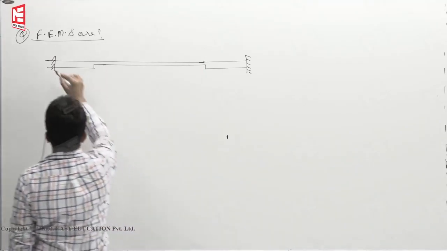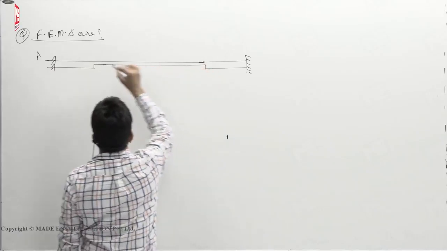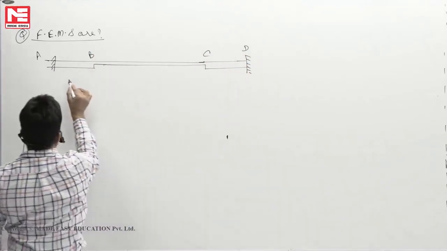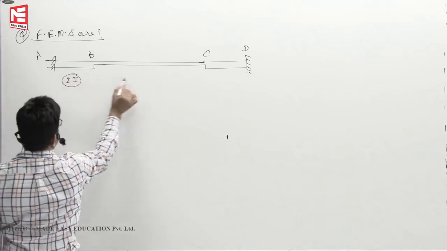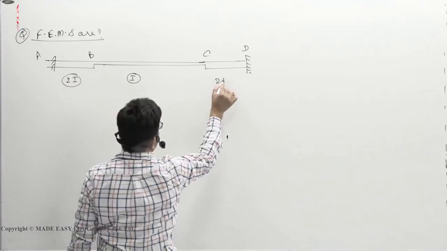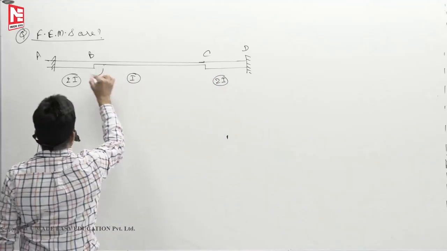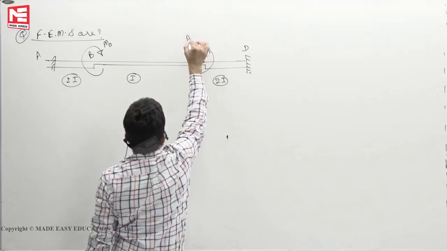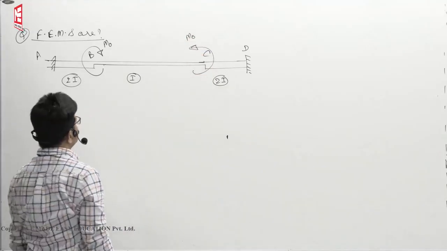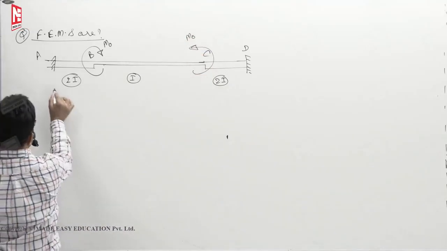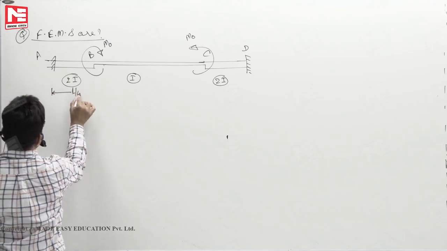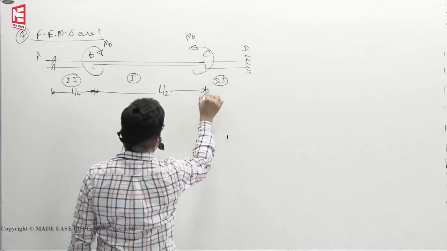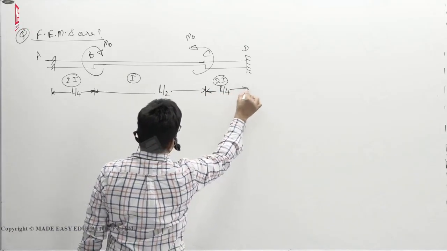Now this point A, then B, C, D. This value is say 2I, this is I, 2I. And at B there is a moment of M0, an anti-clockwise moment M0. From here to here, let us say this distance is L by 4, this is L by 2, this is L by 4.